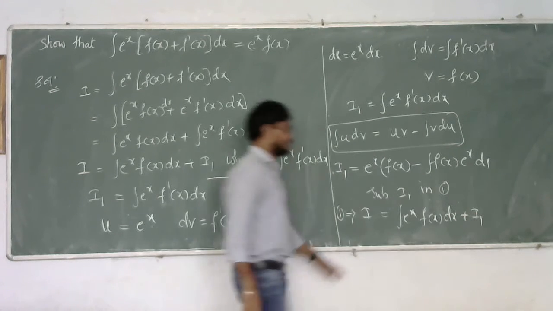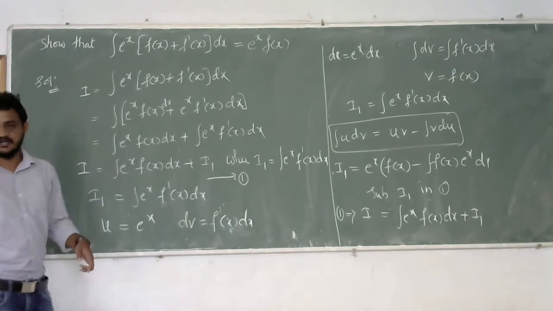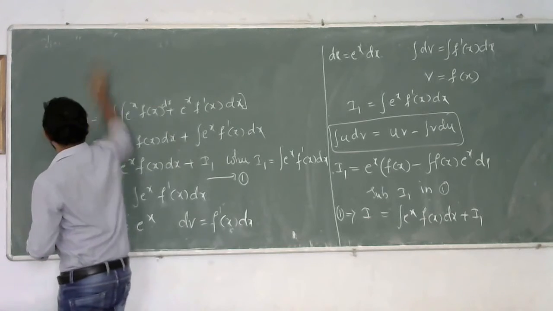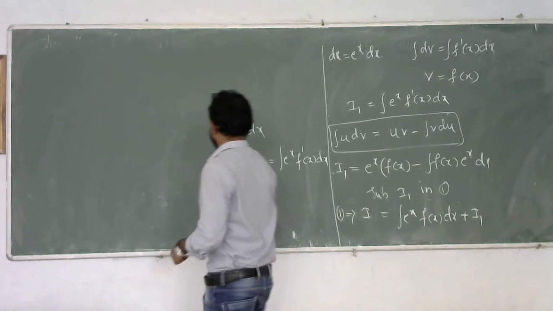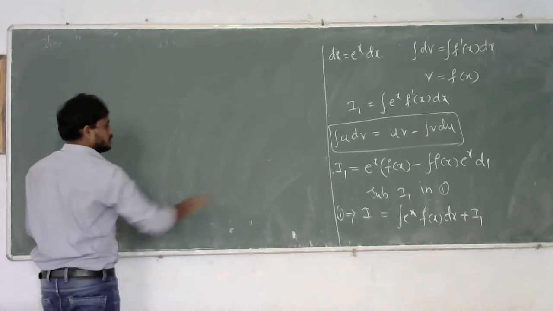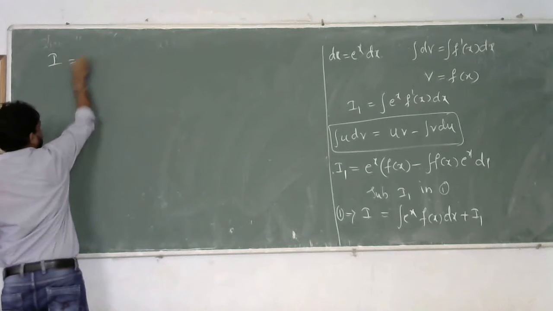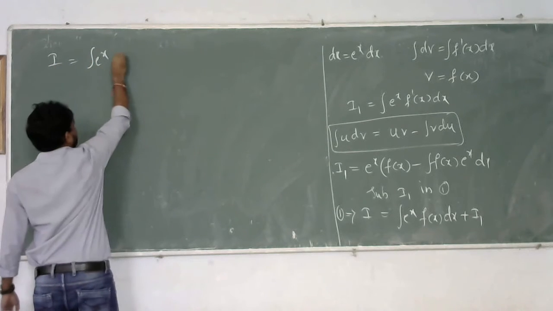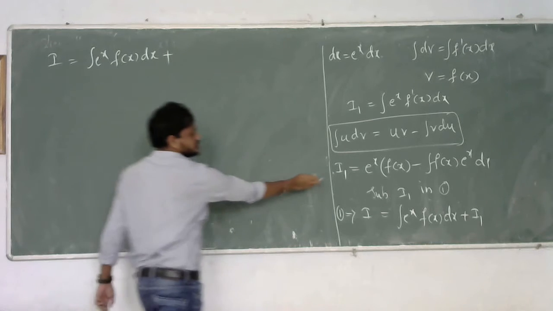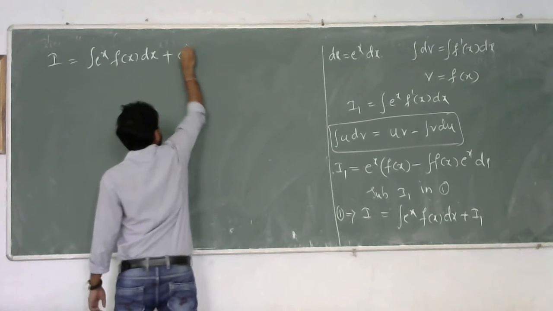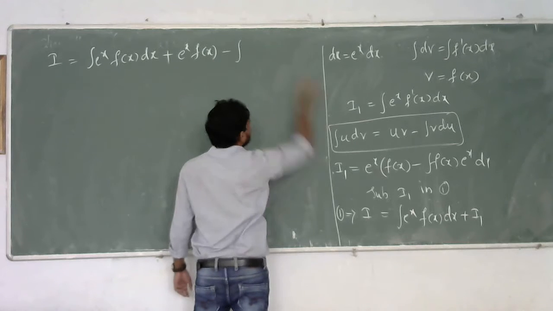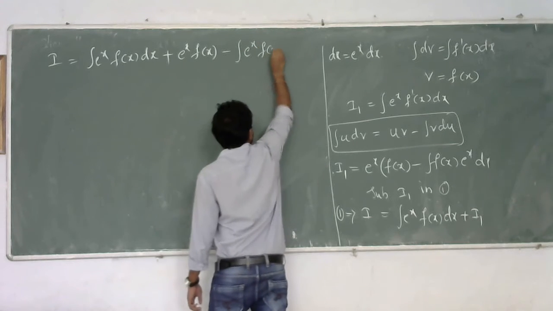So let us substitute the I1 value there. I equals integral e power of x into f of x dx plus I1, and I1 equals e power of x into f of x minus integral again e power of x into f of x dx.